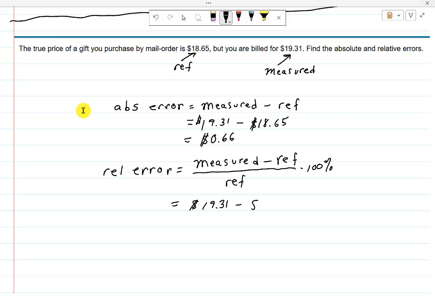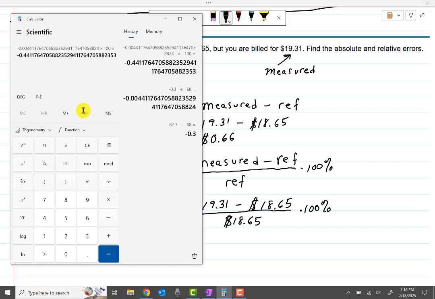The reference was 18.65. And I'm going to divide by that same 18.65 and multiply it by 100%. So take my 19.31 minus 18.65, hit enter so you get it equal.